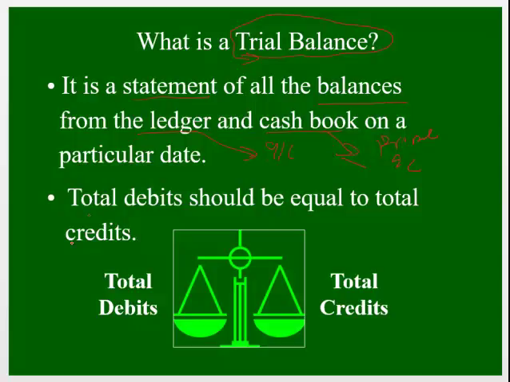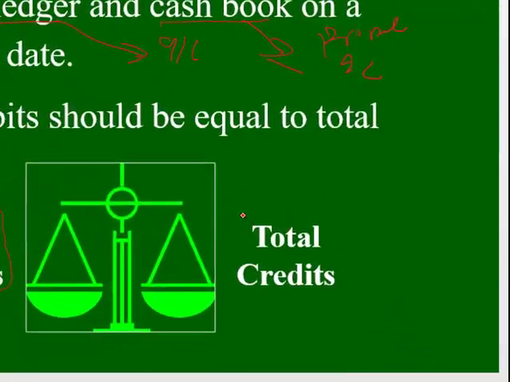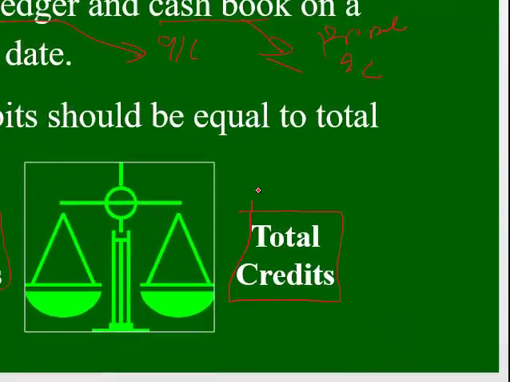Now, the concept here is that when we say trial balance, trial means something you want to see whether you can try, an error concept, you know. Then the concept is that the total debit side of an account must equal the total credit side.